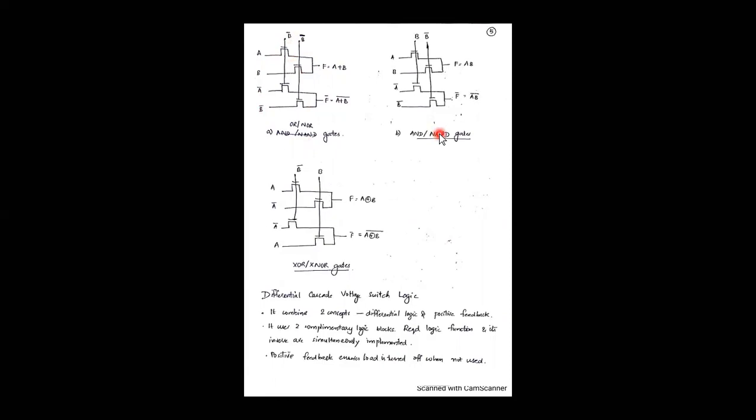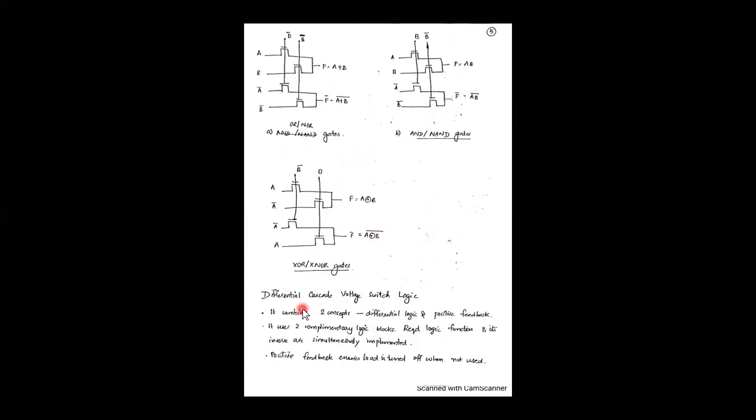The same applies for the AND/NAND gate and the XOR and XNOR gate. Okay, so the output as well as its complement are able to be derived from this logic.